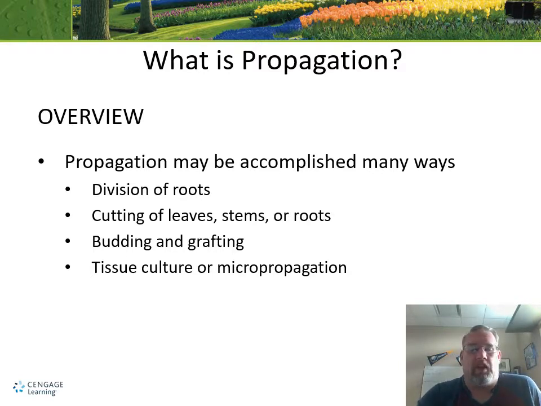This is typically done with fruit trees or other variety of ornamental plants that you would like to have. All apple trees that you buy at a nursery are all grafted. You typically don't buy apple trees or grow apple trees from seed anymore.